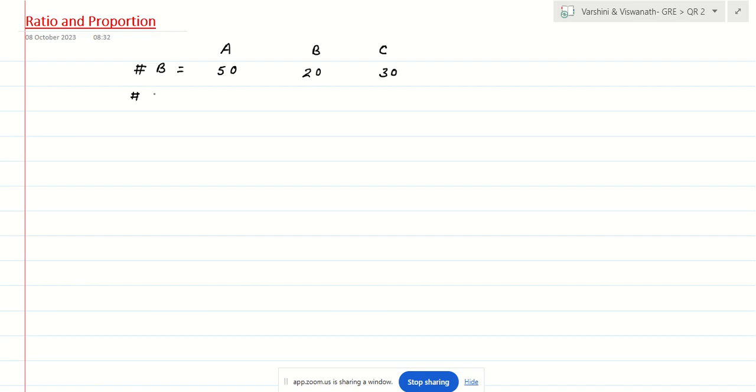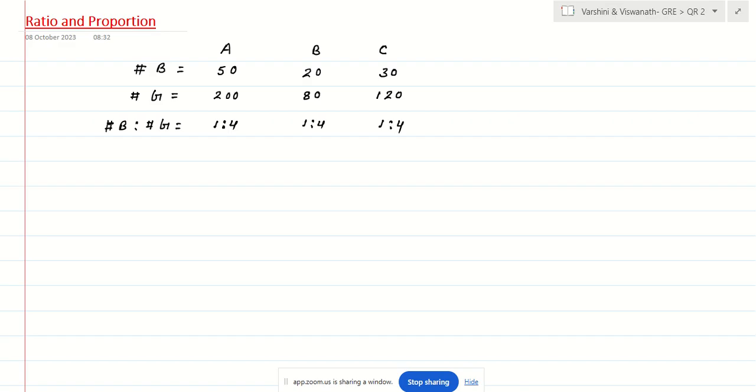The number of girls in these sections are, let's say, 200, 80, and 120. If I ask you to find the ratio of boys to girls, what should be the ratio? Can I say 1 is to 4? Same thing here, 1 is to 4, and same thing here, 1 is to 4.